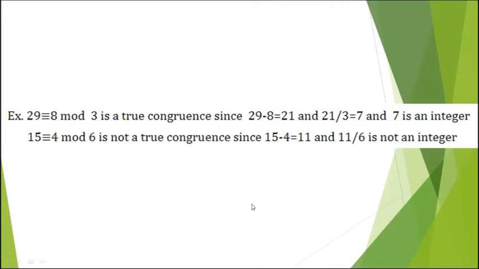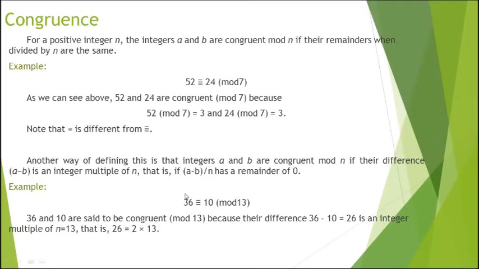It's a true congruence using your step 2. 29 minus 8 is 21. And 21 divided by 3, the answer is 7. And that is a whole number. And 7 is an integer. Kaya tinawag nilang congruence at mod 3.